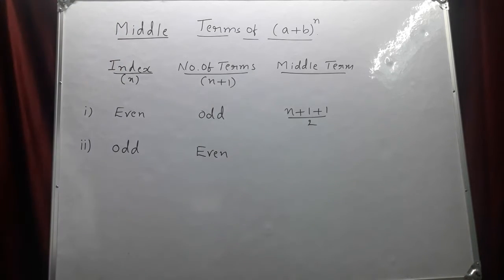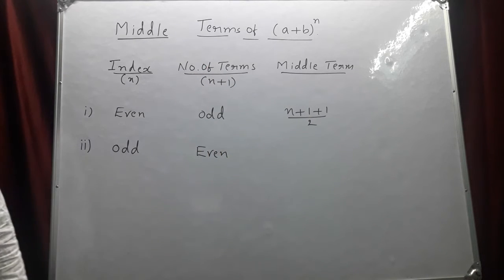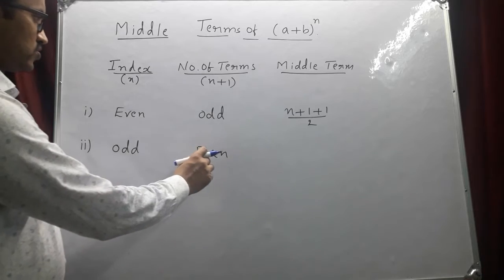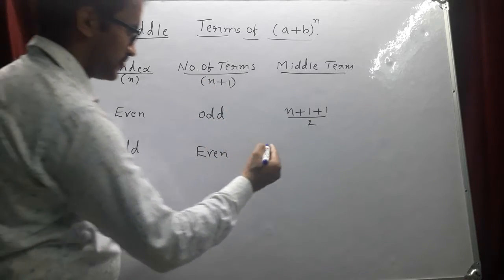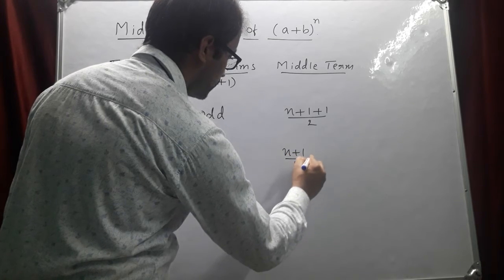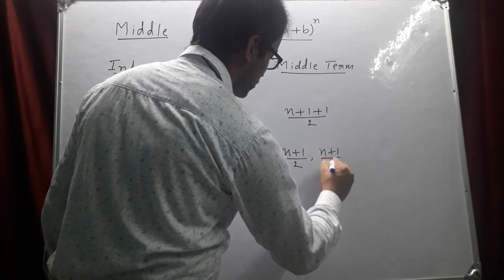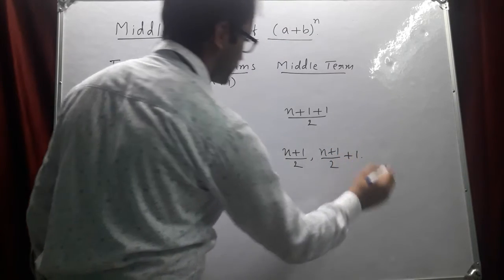When you have an even number of terms, there will be two middle terms. One middle term is the ((n + 1)/2)th term, and the other middle term is the ((n + 1)/2 + 1)th term.